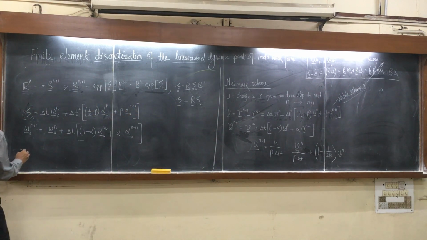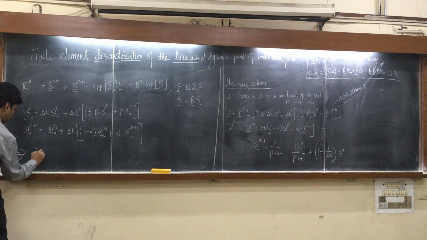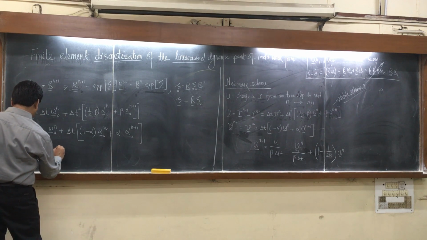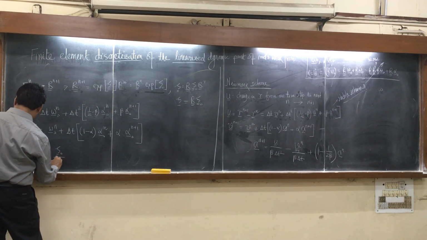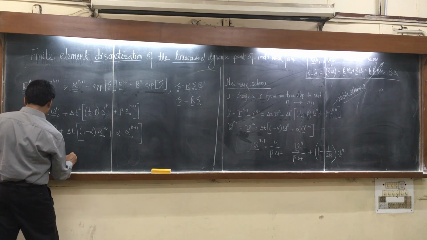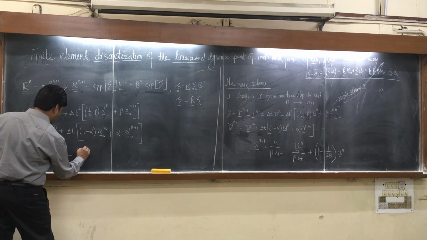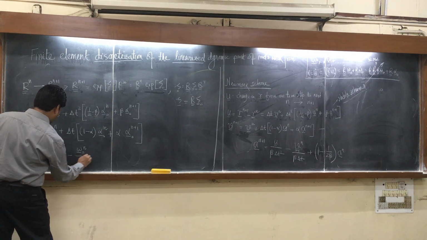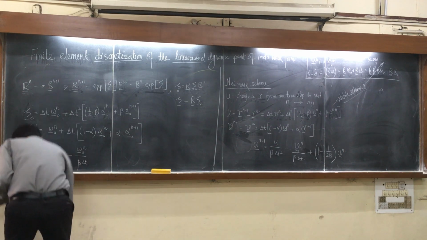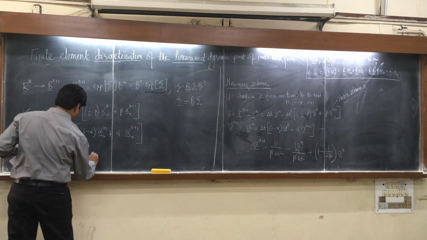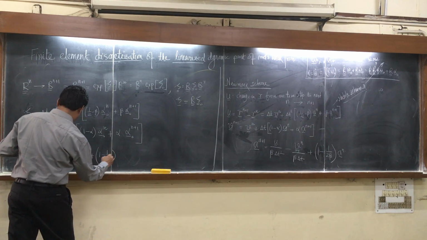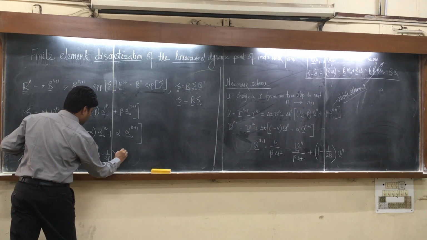That means alpha naught at n plus 1 is equal to zeta naught over beta delta t square minus omega naught at n over beta delta t plus (1 minus 1 over 2 beta) times alpha naught of n.